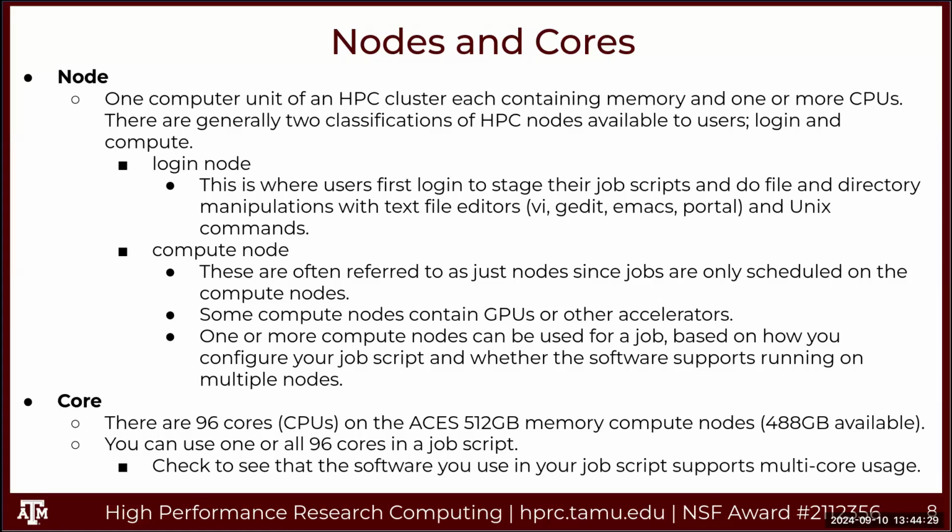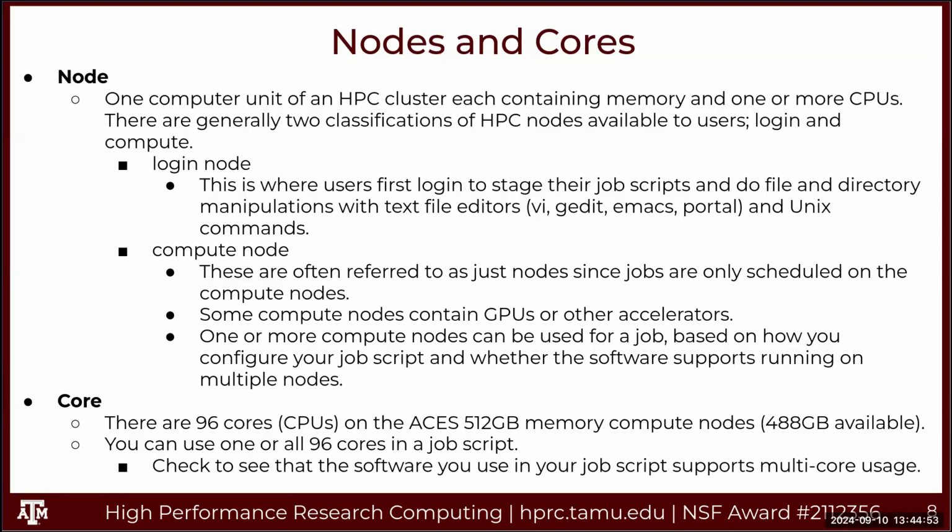So compute node, this is where the main processing is done. We often call these just nodes. Even a Slurm parameter is called just nodes. And jobs are only scheduled on the compute nodes.